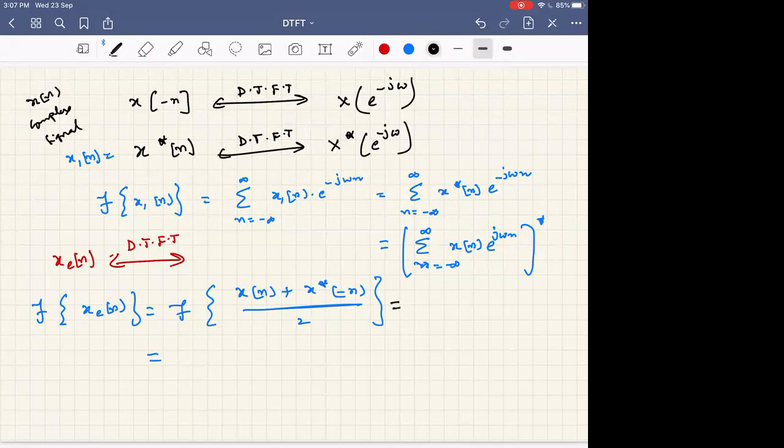This is equal to X of e power j omega by 2 plus x conjugate of e power j omega. Written explicitly, x star of minus n. What will be the Fourier transform? You can see that it will be x star of e power j omega.